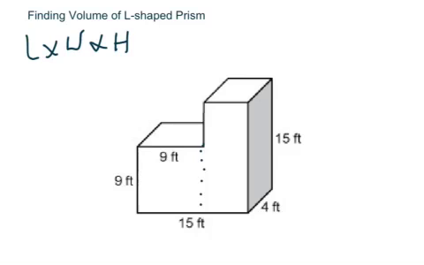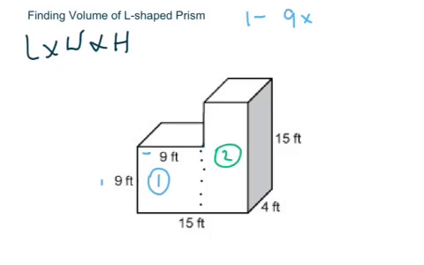I'm going to have rectangular prism number 1 here, rectangular prism number 2 here, and now I need to find the length and width of each one. Okay, so I'll keep track up here. The length of rectangular prism number 1, it's right here, it's 9 feet, so I know I have a 9 times something.